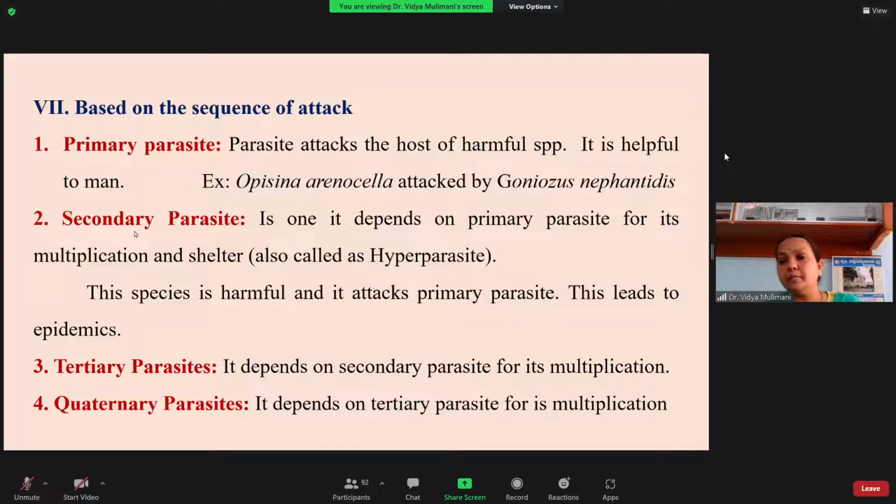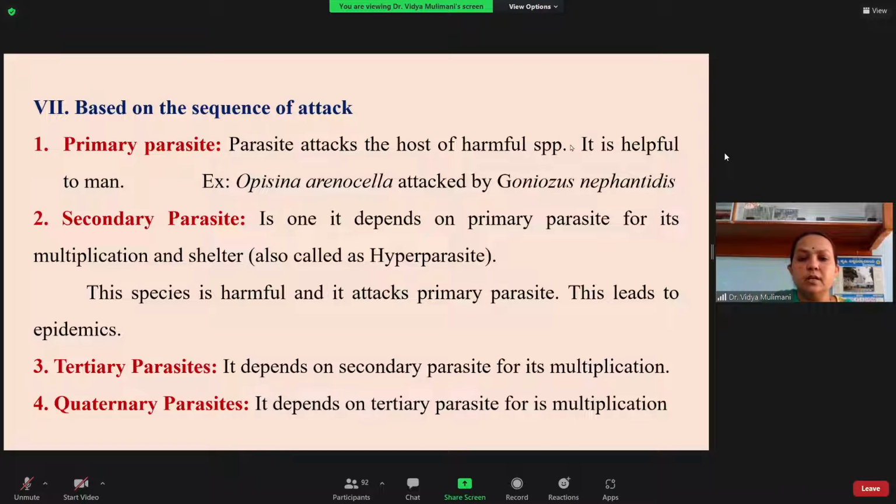What is the secondary parasite here? It depends on the primary parasite for its multiplication and shelter, and is also called a hyperparasite. That means a parasite that is parasitized by another parasite is called a secondary or hyperparasite.